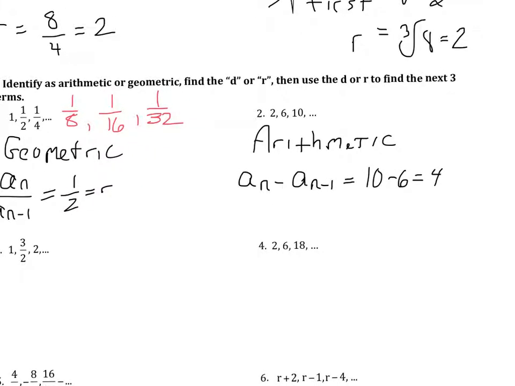So that's going to be your D. Okay. So then my next three terms will be 14 and 18 and 22.